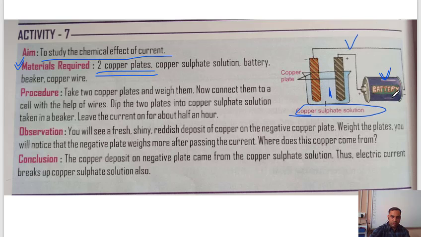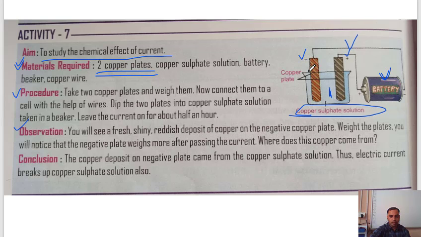Now you need to connect the battery and the copper plates through copper wire as shown in the figure. This one is the negative terminal, this one is the positive terminal. So this is the procedure, how you are going to connect it. What is the observation? You will see a fresh shiny reddish deposit of copper on the negative copper plate.